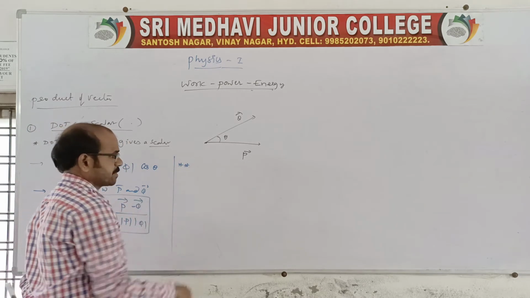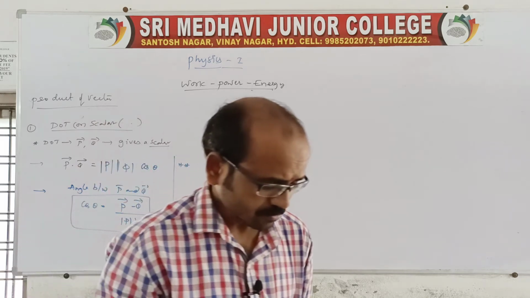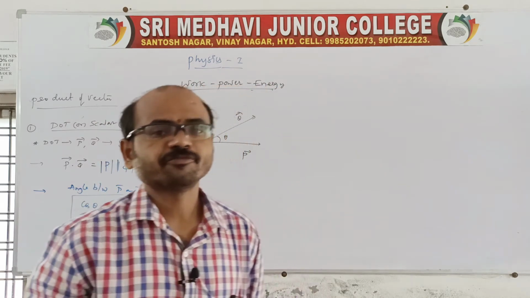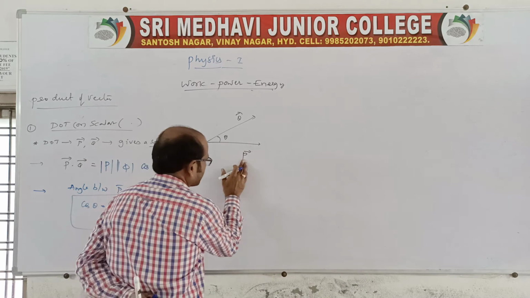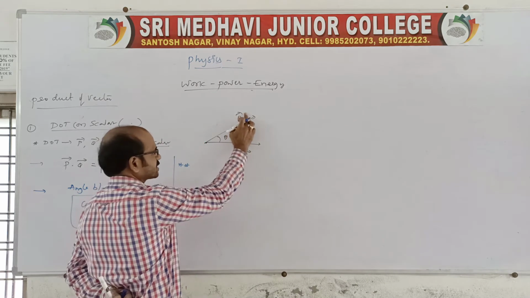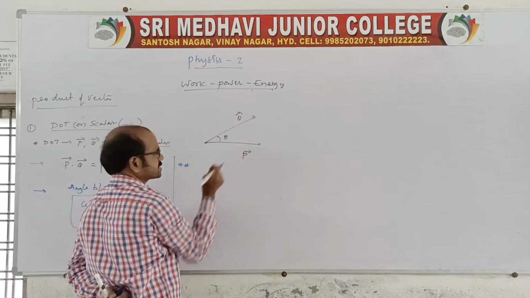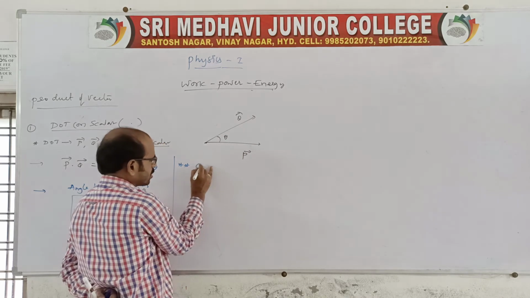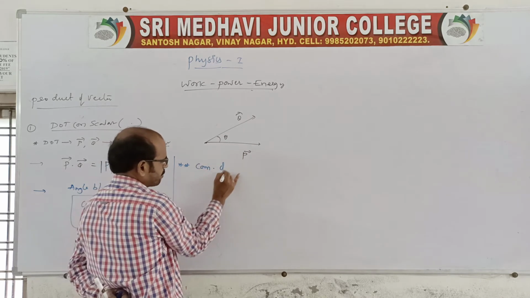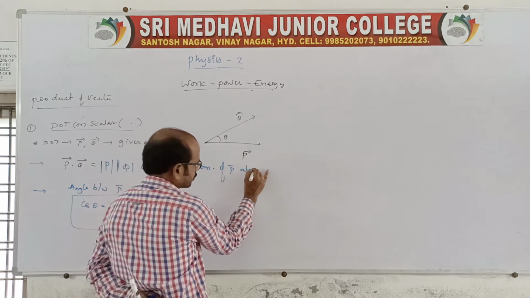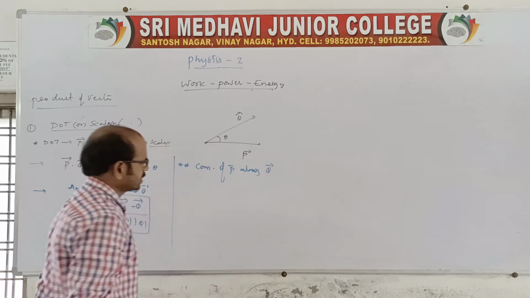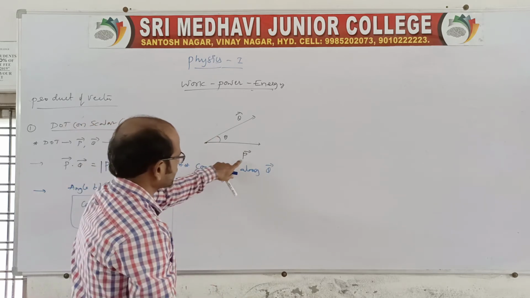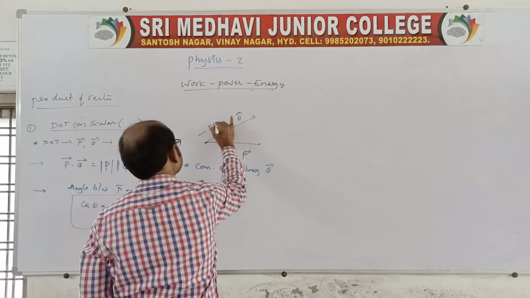Now coming to the point again. Sometimes you may be asked the component of P along Q. P is a vector, Q is a vector, and the angle between the two vectors is theta. P can be resolved into two components, and the component of P along Q is P cos theta.